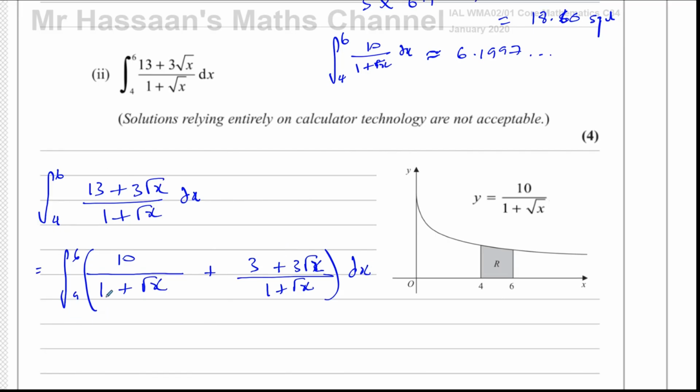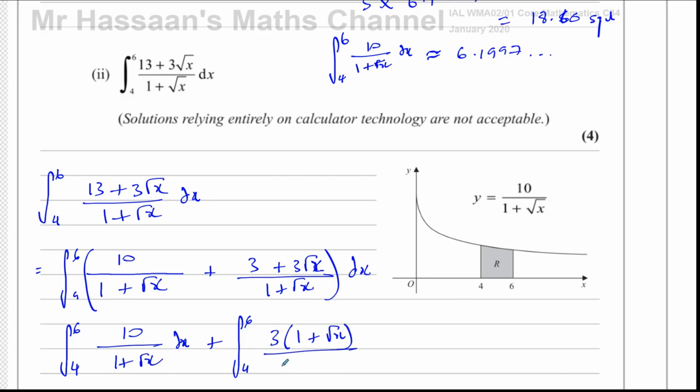Now I know the value of this, so I'm going to write it separately. The integral between 6 and 4 of 10 over 1 plus root x with respect to x, I know that's the approximate value. And I'm going to have here the integral between 6 and 4 of, taking out 3 as a common factor, 3 times 1 plus root x over 1 plus root x.